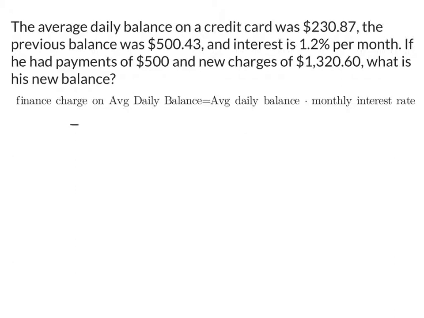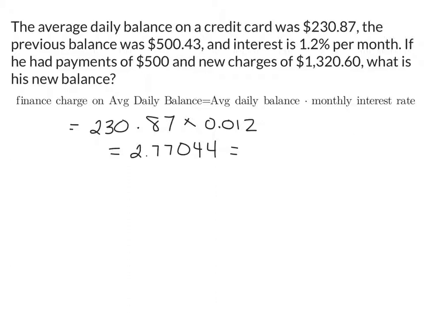We multiply the average daily balance, $230.87, by the monthly interest rate, 1.2% per month. We write this as a decimal by dividing by 100, which gives 0.012. When you multiply these two values together, we get 2.77044, and rounded to 2 decimal places that is $2.77. That is the finance charge.